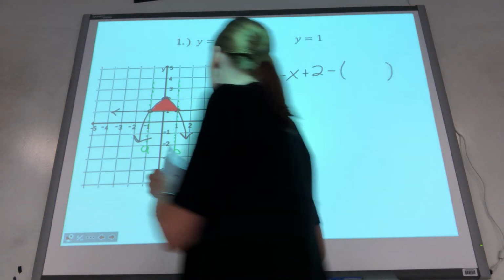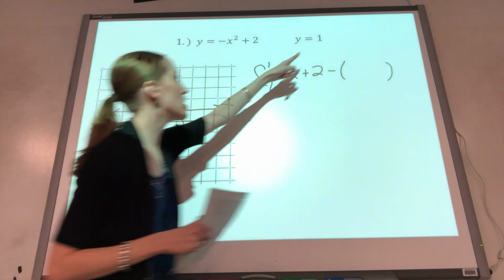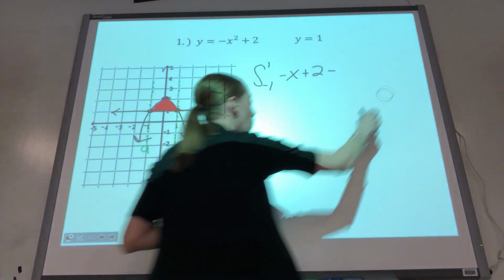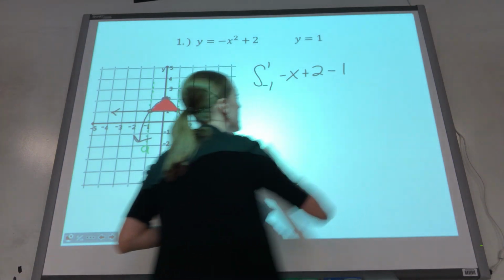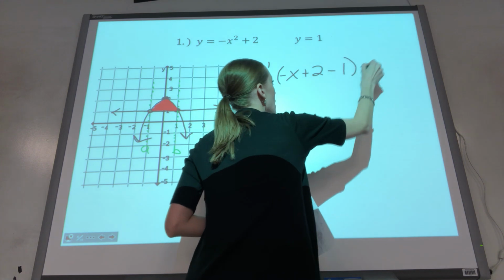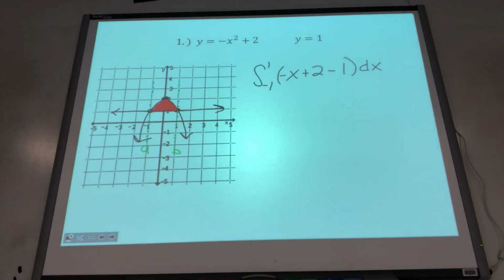But in this case, the function that forms the bottom part of the shaded region was just the 1. So I don't really need to put 1 in parentheses there. I'm just going to do it like that. Now I will go ahead and put dx around the whole thing since I'm integrating with respect to x.